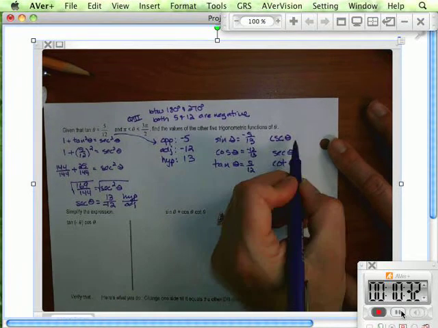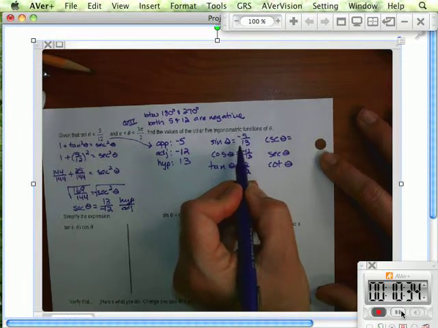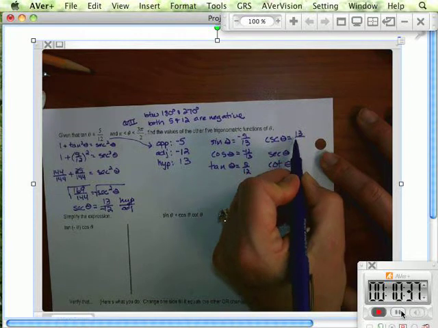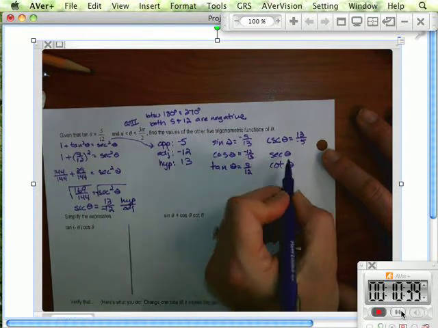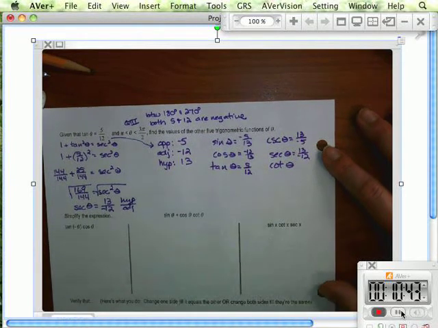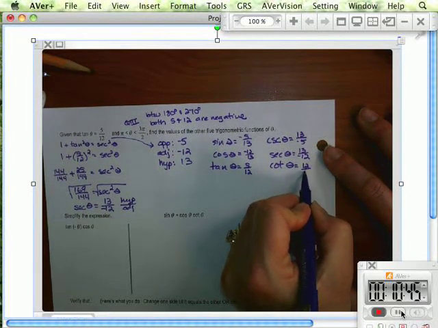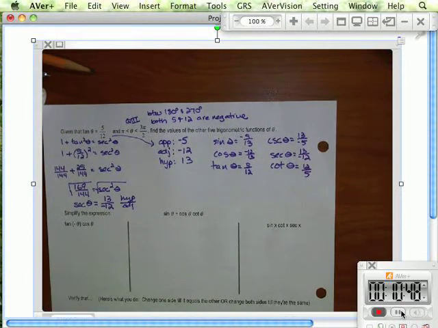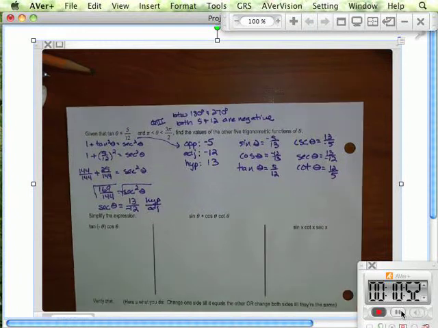Cosecant, I just flipped sine, so it's 13 over negative 5. Secant, I just flip cosine. And cotangent, I just flip tangent. Okay? So there you go. So that's finding the trig functions.